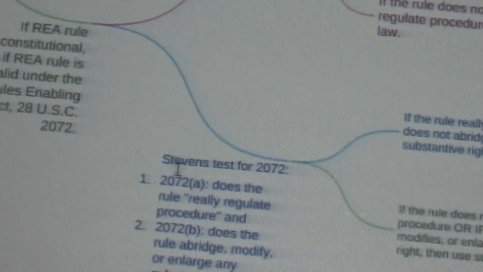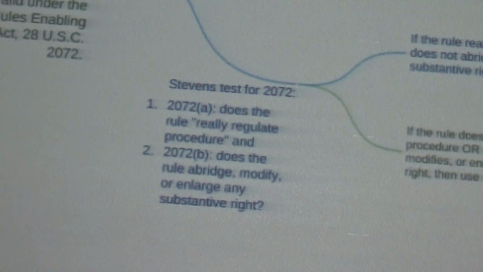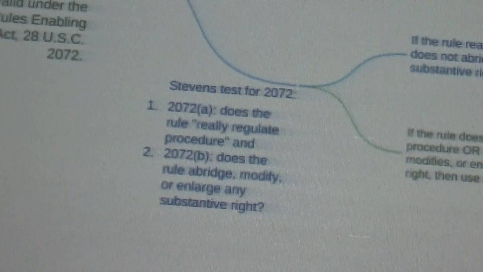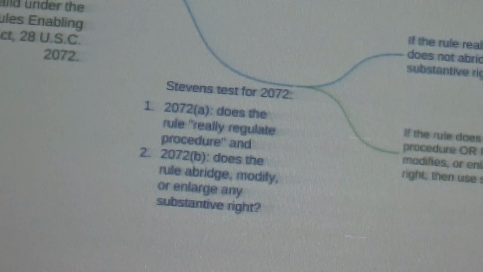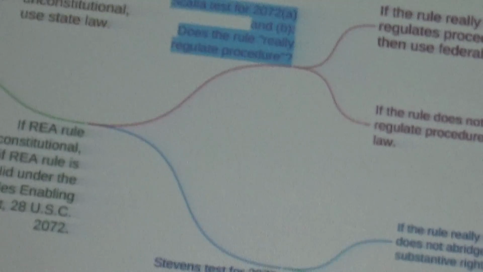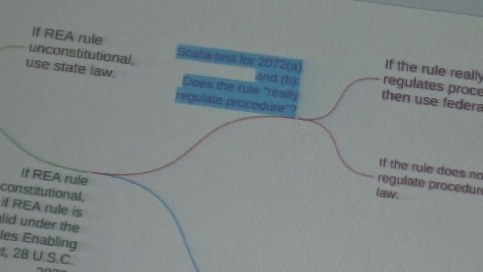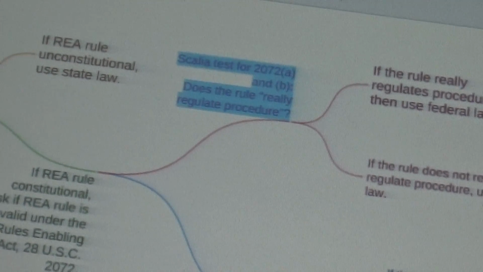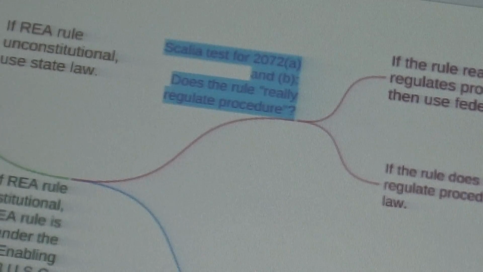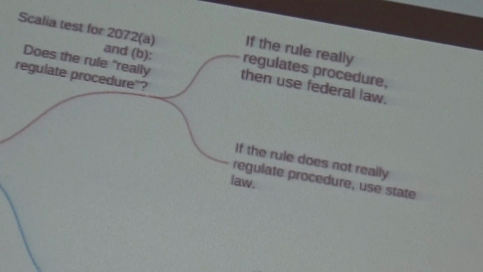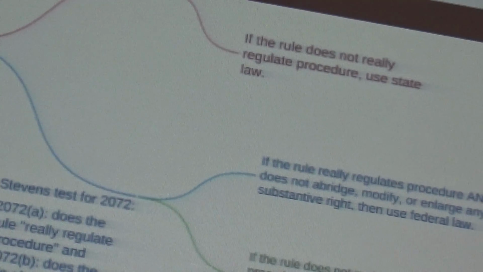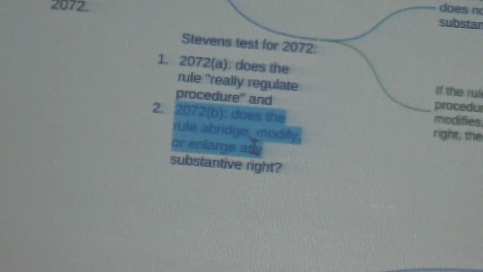And here we have, unfortunately, a split in the authority. To analyze the statute, Scalia would simply ask, does the rule really regulate procedure? If the answer is yes, then the rule is valid and you must use the rule and not state law. Use federal law, here the FRCP rule. The Stevens test wants you to look at 2072(a) and 2072(b).